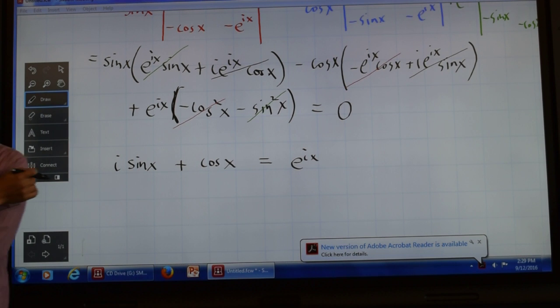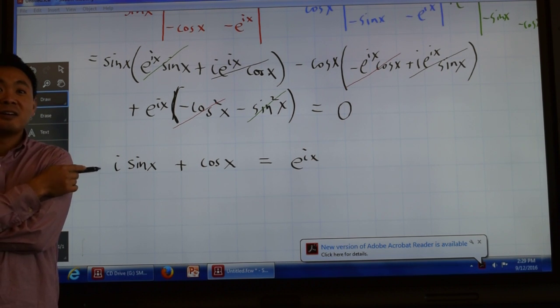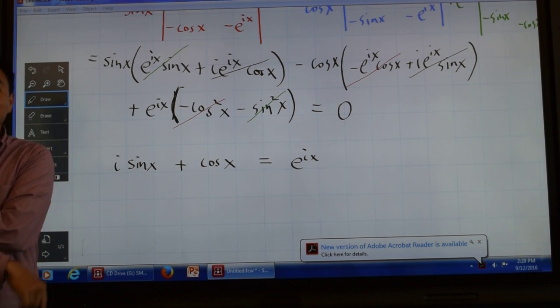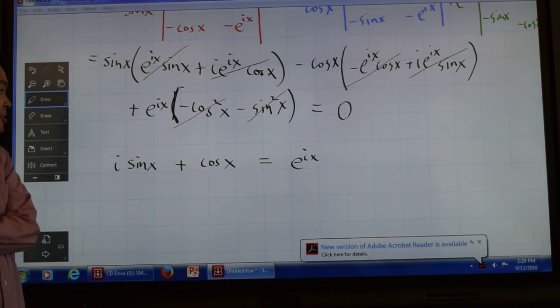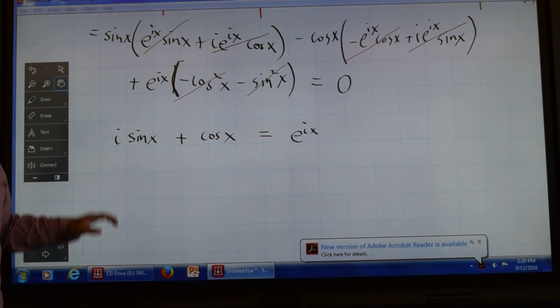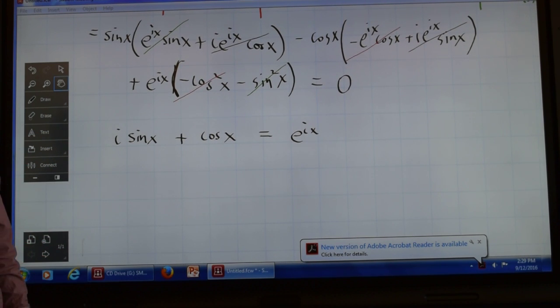What is this thing called, by the way? Euler's identity, right? So that's what you get when you do all that stuff out? No, you're not getting the point.